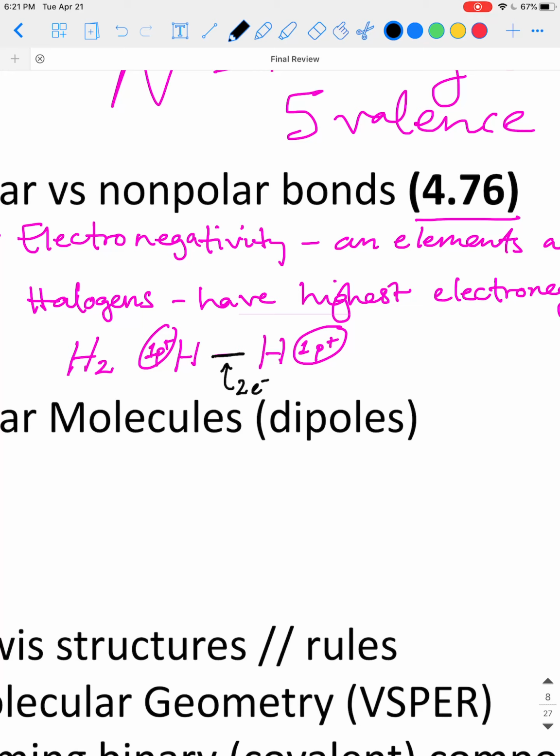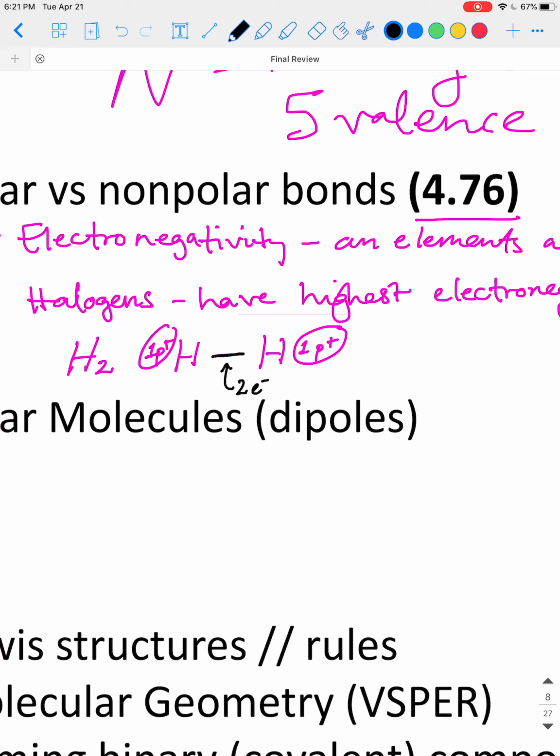So, when you have a molecule of hydrogen, if you have 2 identical atoms like this in a bond, the nucleus in each atom is equally pulling on the electrons in that bond. Like, again, tug-of-war match. Both sides have equal strength. Protons are positively charged. They're attracted to electrons. So they're going to try to pull those electrons towards themselves.